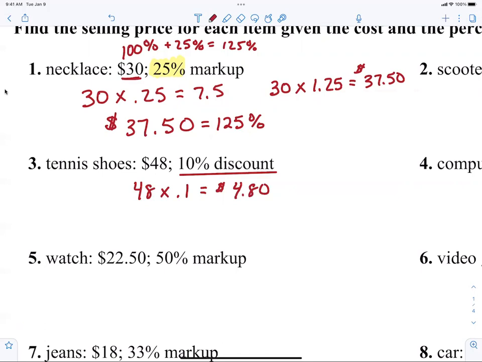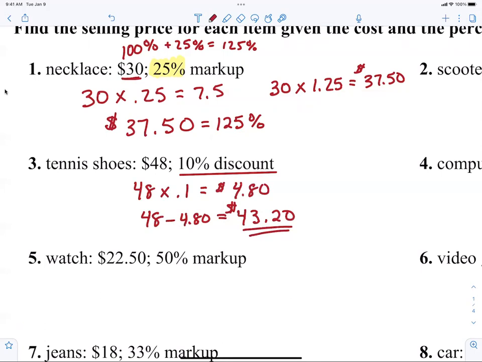So the discount would be $4.80. So Mikey, what's the cost of the tennis shoes now? What would I have to do? Minus 4.8. Yes. So now everybody do 48 minus $4.80, which is going to be $43.20. That's my answer.